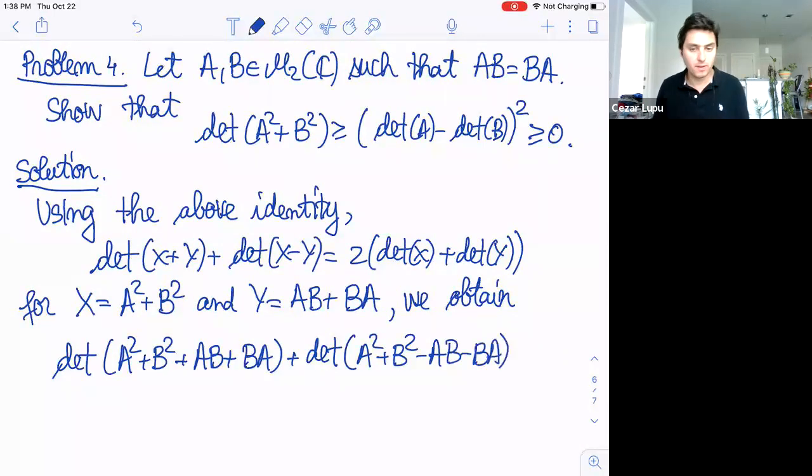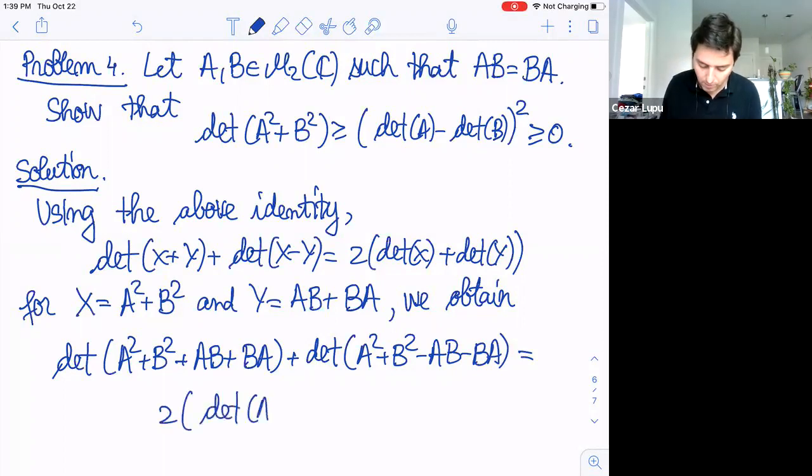Maybe you'll tell me who this is. You already know that these guys commute, but anyway, you can write them. This is the same as 2 times the determinant of A squared plus B squared plus the determinant of AB plus BA.